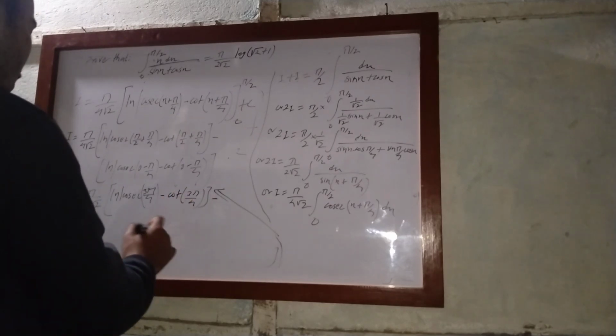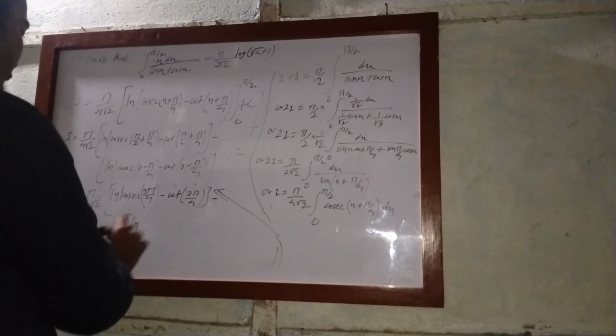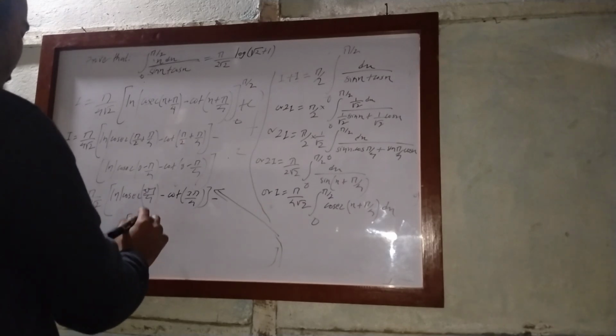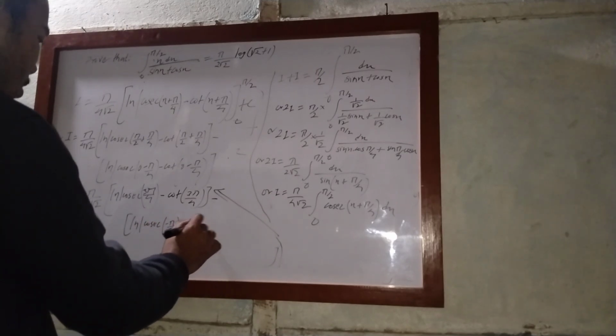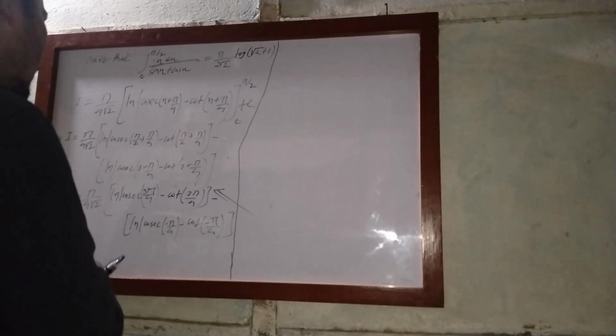Now we have the lower limit ln cosec minus pi by 4 minus cot minus pi by 4.